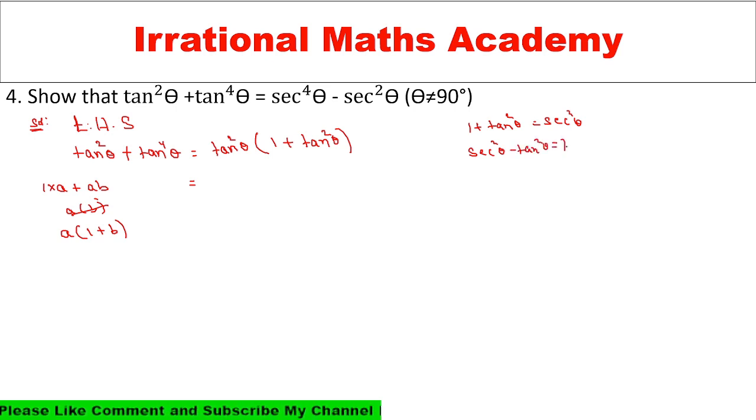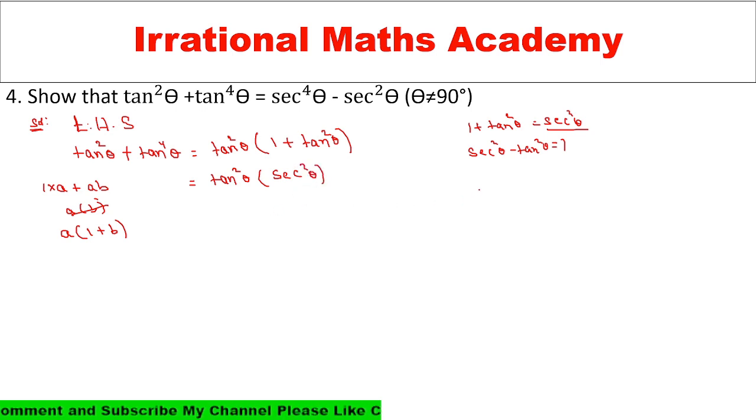You can write it in any form as per the requirement. Both are the same. Because I need the right hand side in terms of secant, 1 plus tan square theta I write as secant square theta. So tan square theta into 1 plus tan square theta is secant square theta.